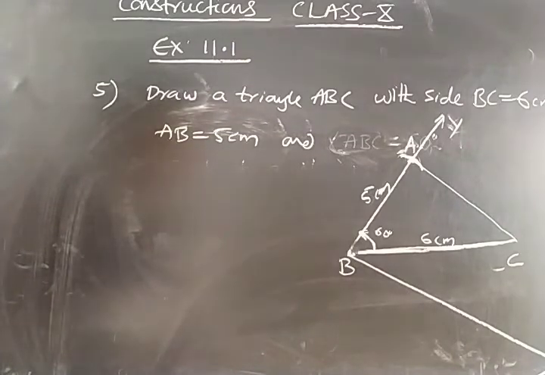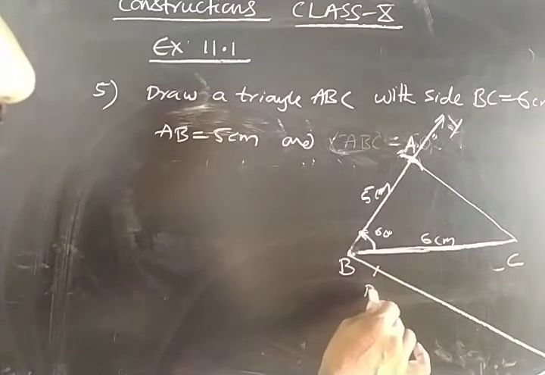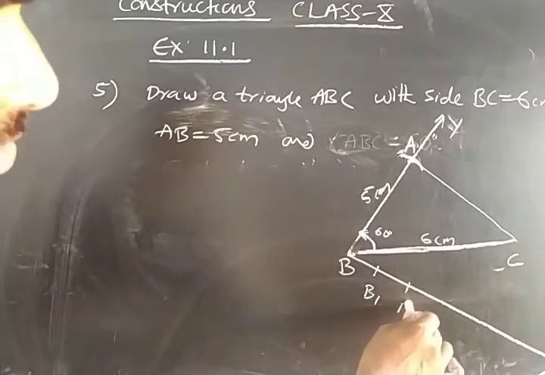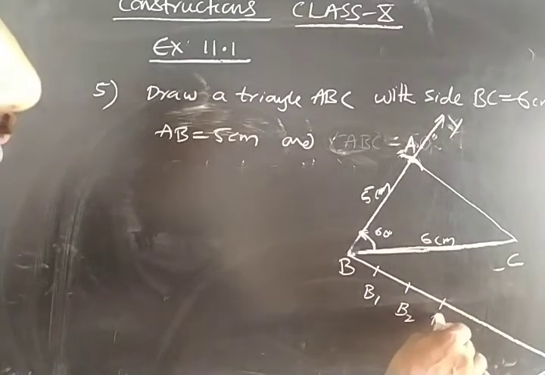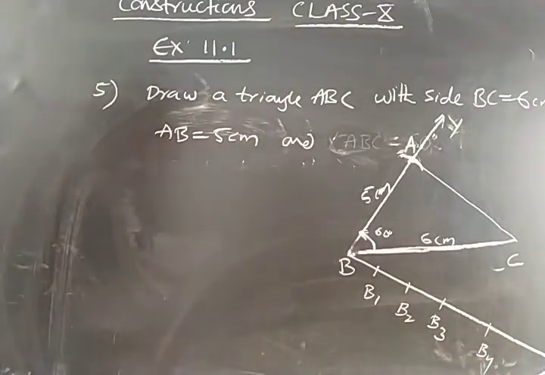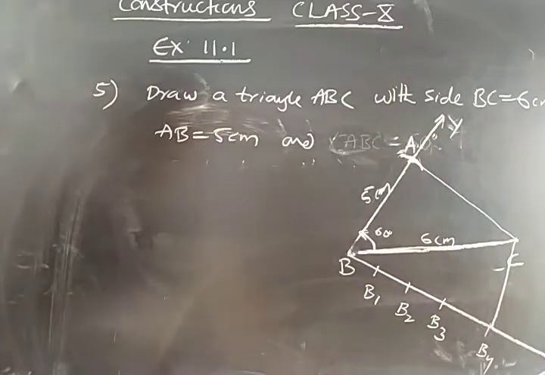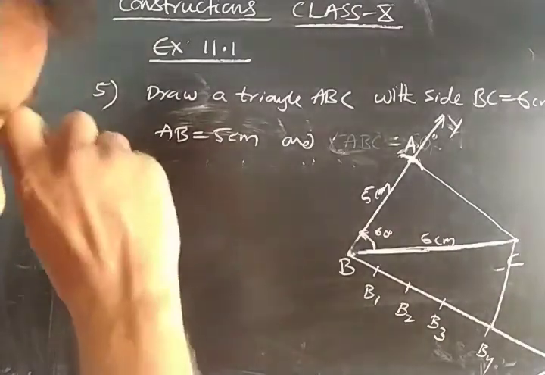Why? Because in 3 by 4, 4 is the greatest number. So I am denoting the points on this line, B1, B2, B3, B4. For proper fraction, we have to add this side with B4. So C I am joining with B4.